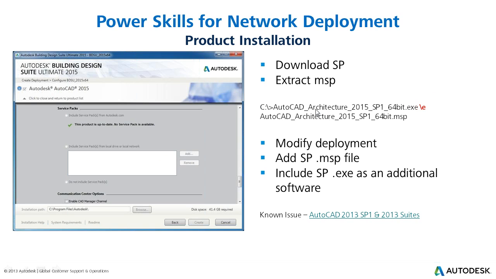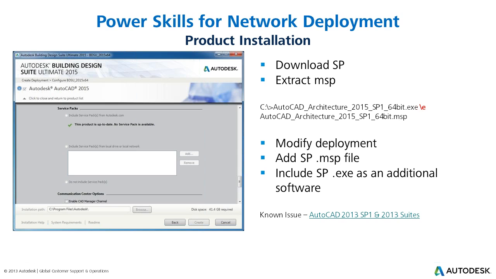Here is a command line showing how to extract the MSP file from the service pack installer executable file. It's basically to use the E switch and run the command from the command line as admin user. Usually, every service pack README file contains this information for you.